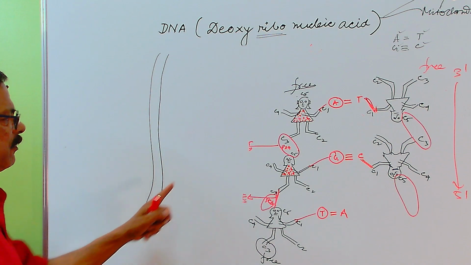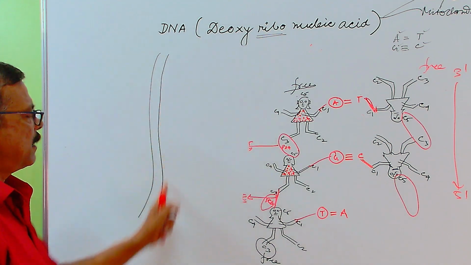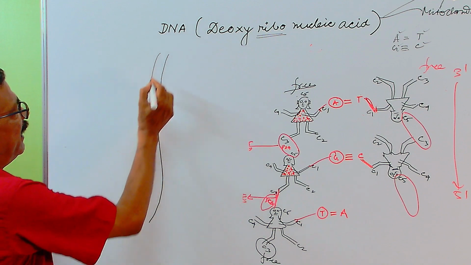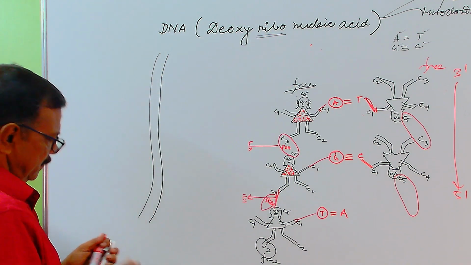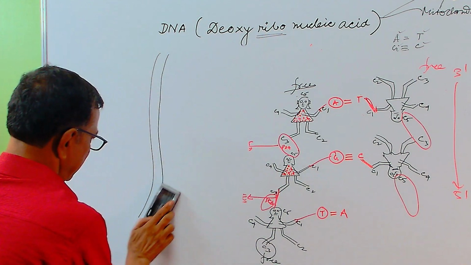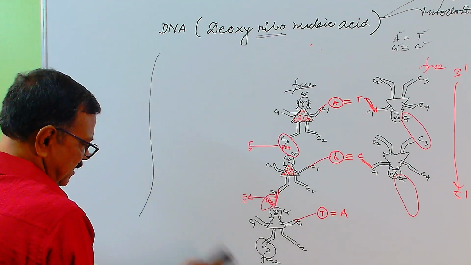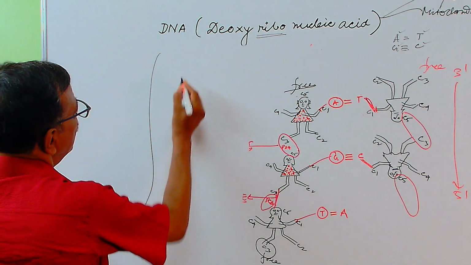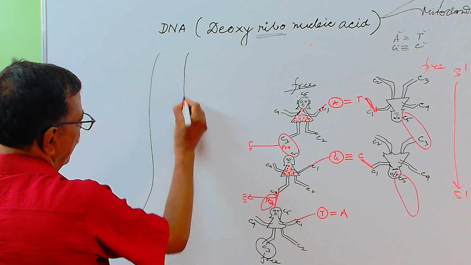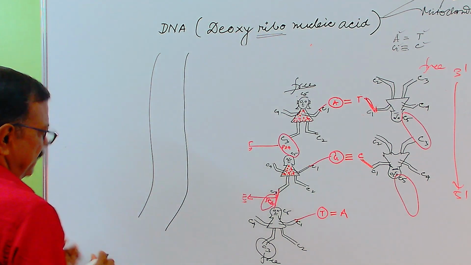This is the backbone, the phosphodiester bond. And here a little bit more space will be required for the staircase.